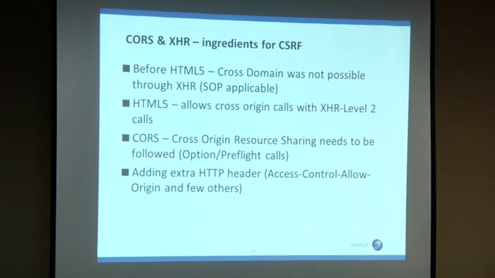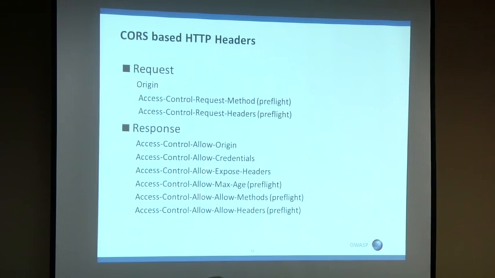But with XHR level 2, this has been allowed. So now you can communicate with the cross domain, provided you follow CORS. CORS is the cross-origin resource sharing policy, and the policy is implemented in such a way that it will do a pre-flight negotiation before making the actual HTTP call. So it has added extra headers like this. So it has added HTTP request headers.